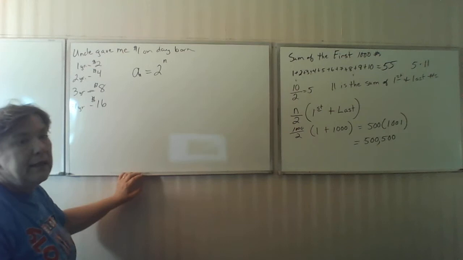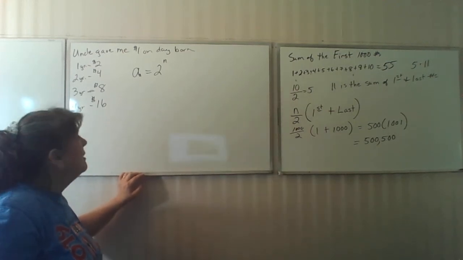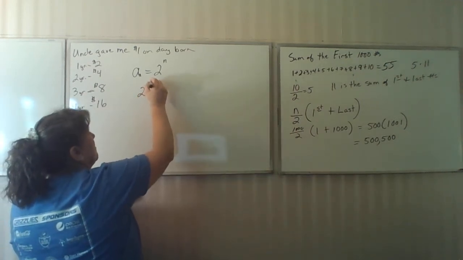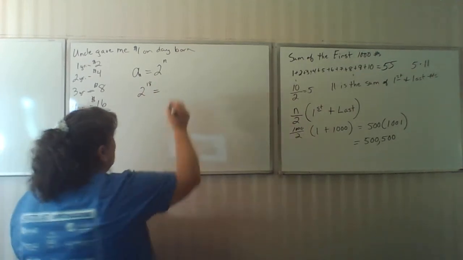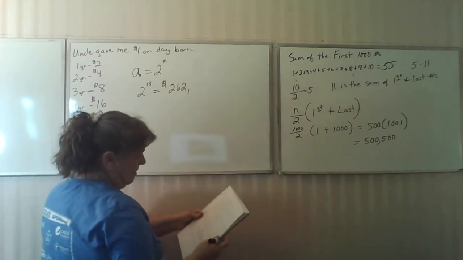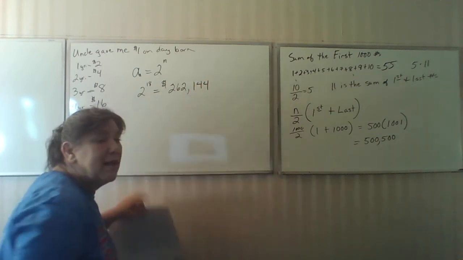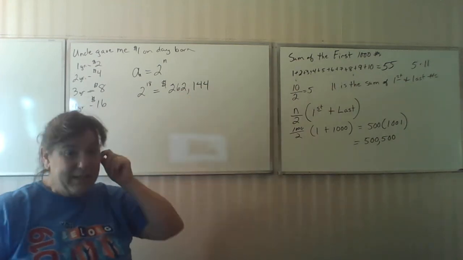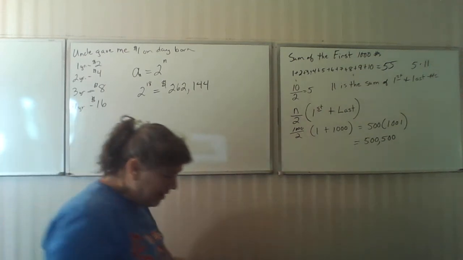And n is the year that the birthday is. Okay? So the 18th birthday will be 2 to the 18th power, which is equal to, it's a really big number, 262,144. That's a lot of money. That's not even the sum of all those years. It's just that specific year. Okay, let's look at one where we draw a diagram.